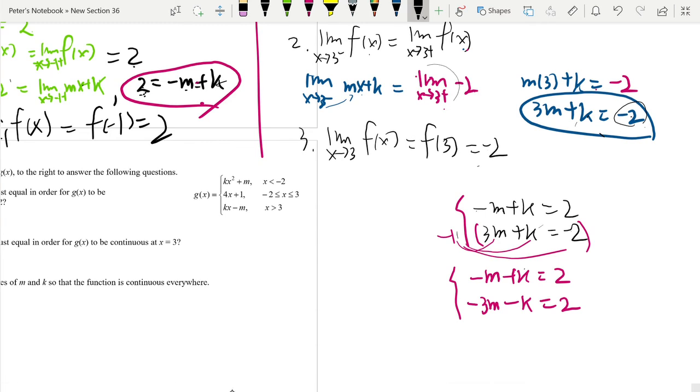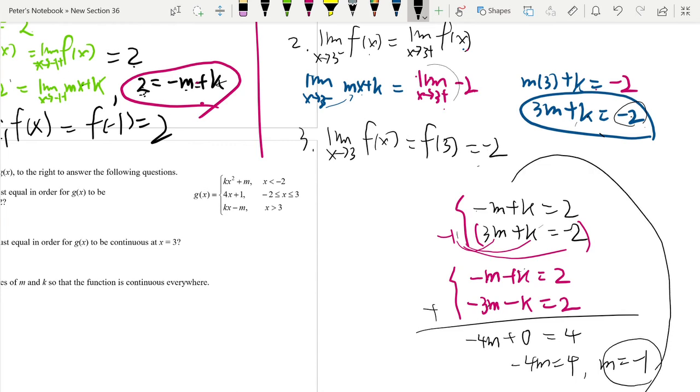And then from here, this is called the elimination process, right? K minus K gives me 0. That gives me negative 4m, right? And then gives me 4. Oh, so we're saying negative 4m has to equal to 4, which gives me m is equal to negative 1. Cool beans, right? That's how we figure it out. I mean, we already know m is equal to negative 1 from that decimals. How do you figure out the k? You can substitute for that in one of the equations and figure out for the k.